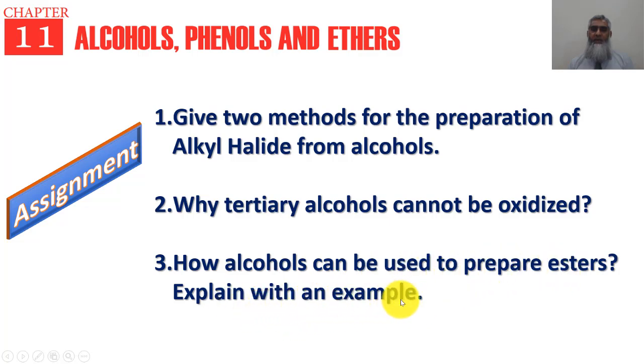Explain with an example. I hope you can easily give the answers to these questions. I have discussed these questions at various parts of the lesson. So if there is any problem, you can revise today's lesson, then you can answer these questions.